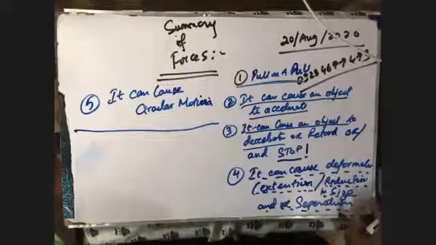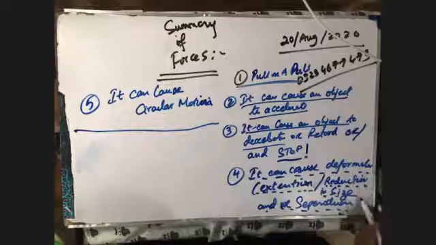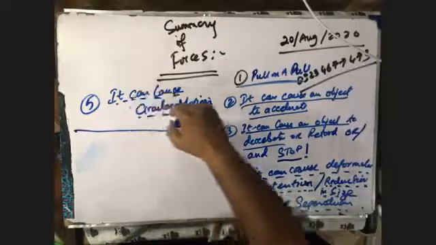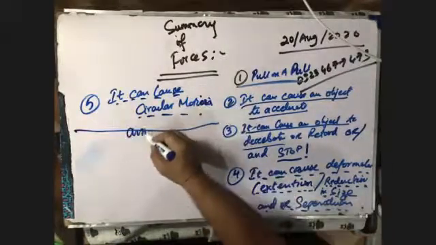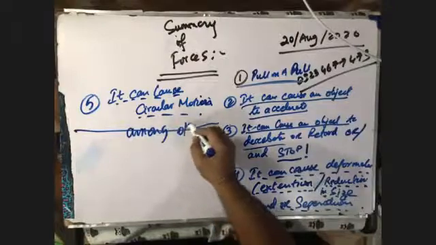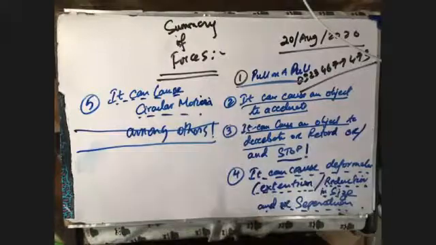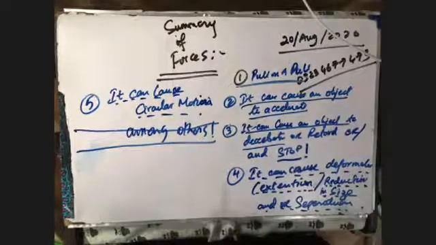Remember, when we talk about deformation, we talk about Hooke's law. There's a law that comes in as far as deformation is concerned. We also know that it can cause circular motion among others. That means forces can do much more than that. Is that clear? Has everybody copied this?